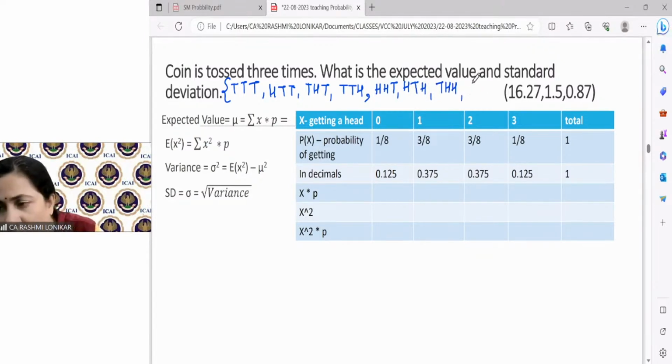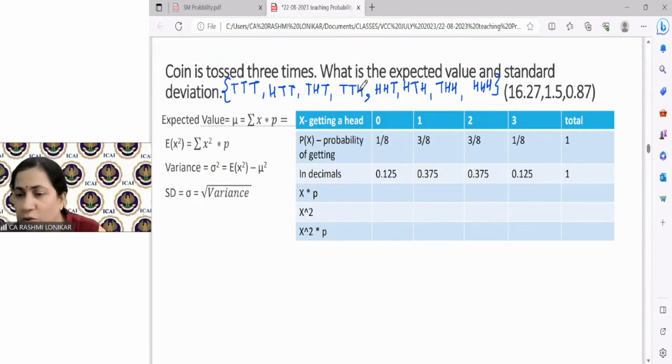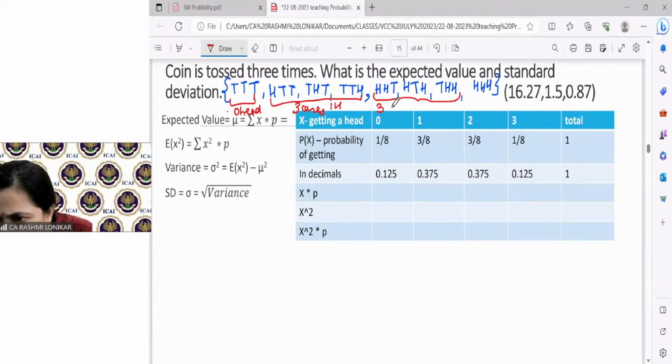These are 2 heads, and 3 heads is H, H, H. Okay. So you have this whole universal space, and from there you choose. What is the expected value? For 0 heads, how many? This is one case of 0 heads, 3 cases of 1 head, 3 cases of 2 heads, and one case of 3 heads. Okay.